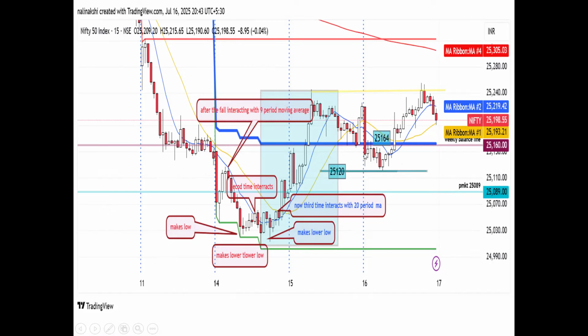See, it came down, an automatic reaction, even in the small fractal. You can see this process repeated here, not for a longer period. The market made an automatic rally. It came down, made a low over here, and interacted with the 9-period moving average.